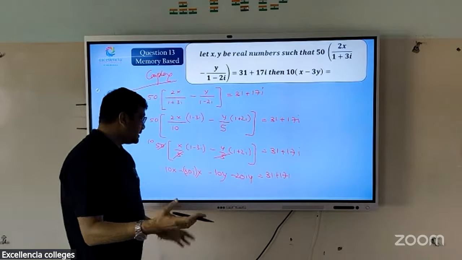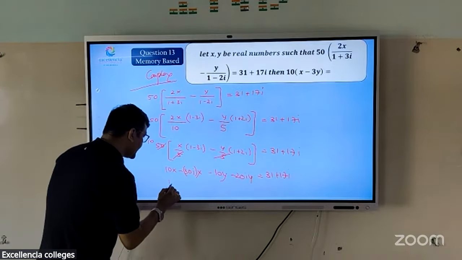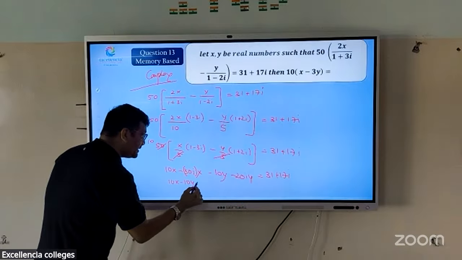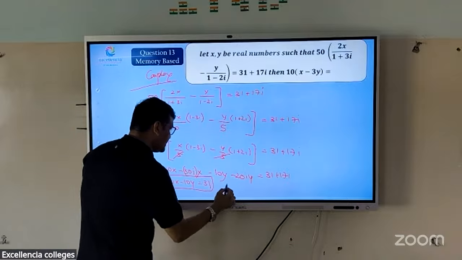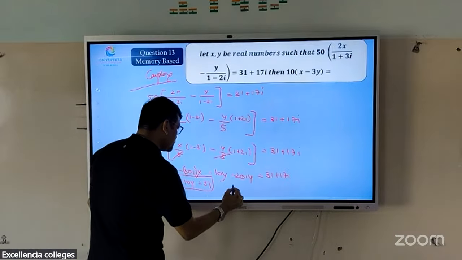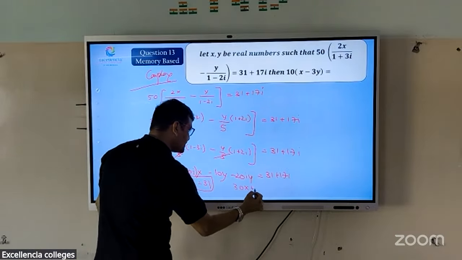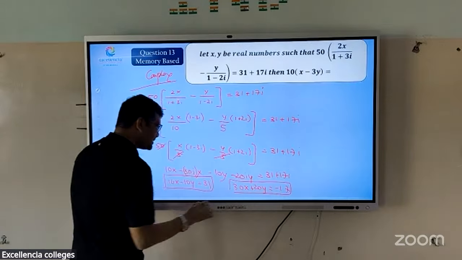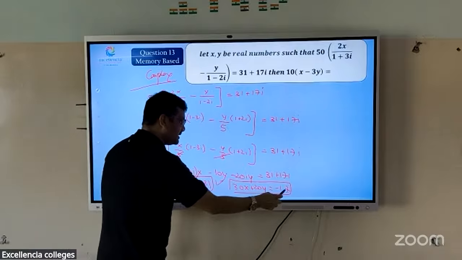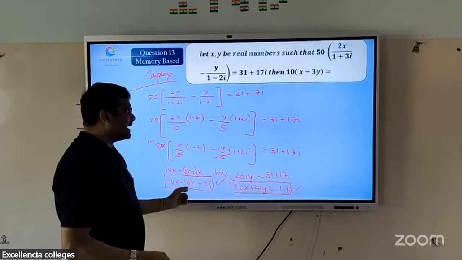Now go for the real and imaginary parts. So 10x minus 10y is equal to 31. That is one part. The second is the imaginary part: minus 30x plus 20y is equal to minus 7. Solving these two, we can find x and y.